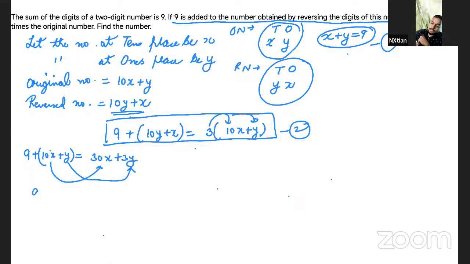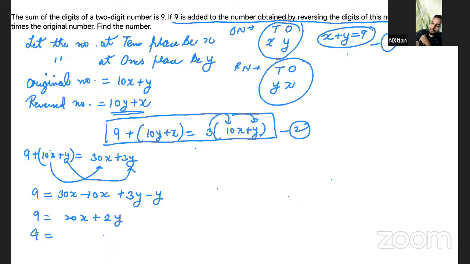It will become 9 is equal to 30x minus 10x, because plus 10x becomes minus 10x, and plus y becomes minus y, so 3y minus y. It will become 9 is equal to 20x plus 2y.